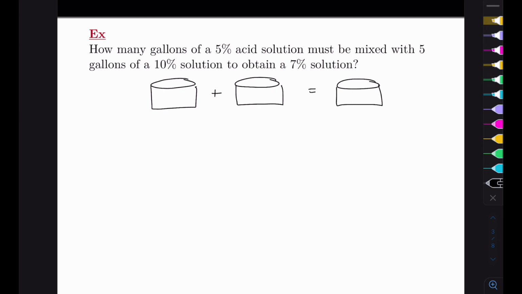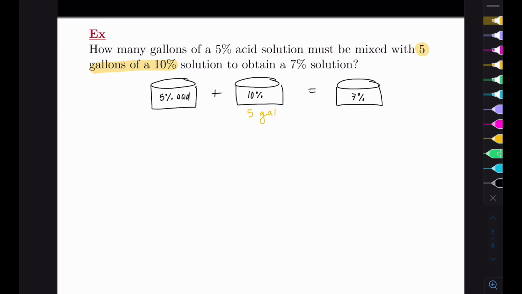We're mixing together something that's 5% acid and 10% acid, and in the end, I want to get something that contains 7% acid. The only thing I know for certain is that I have 5 gallons of this 10% mixture. So right down here, I know I have 5 gallons. The other two, no idea how much.